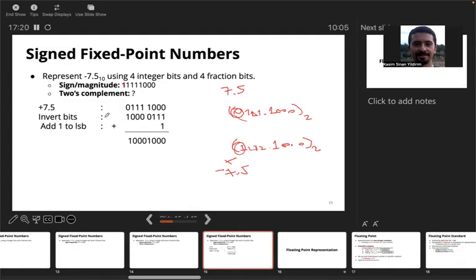Let's see if it works for 2's complement. It should work. This is my overall number, all the bits in fixed point, 4 bits for the fractional part, 4 bits for the integer part. I just invert, take the 1's complement, and add 1, and I have this representation again. This can be the same fixed point number in 2's complement form, and this can be minus 7.5.